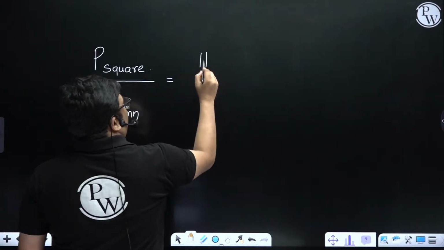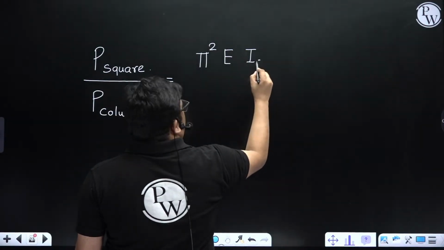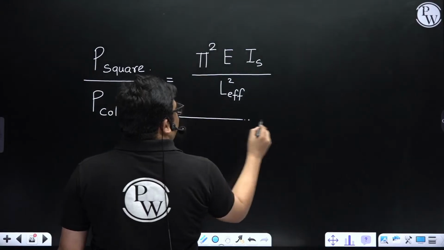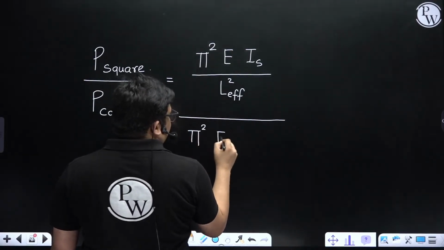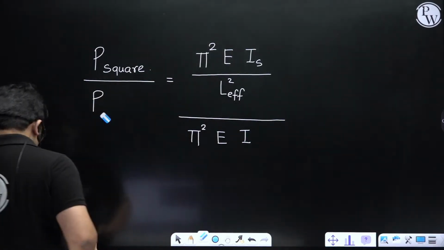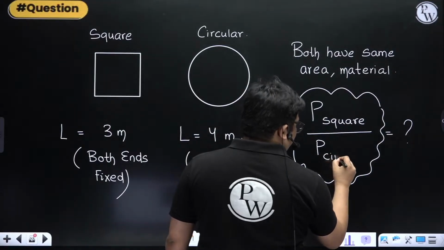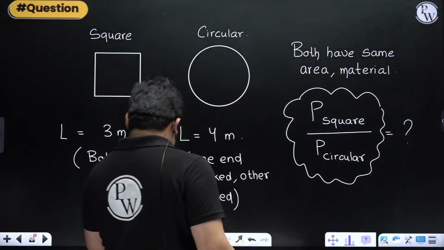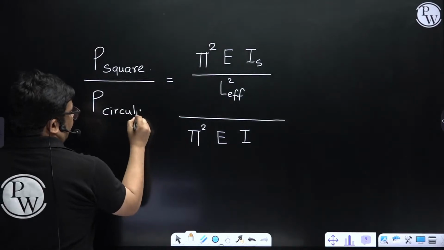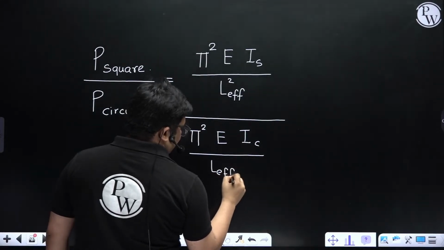This is pi square E times I of the square section divided by the effective length squared, divided by pi square E times I of the circular section divided by L effective squared of the circle.